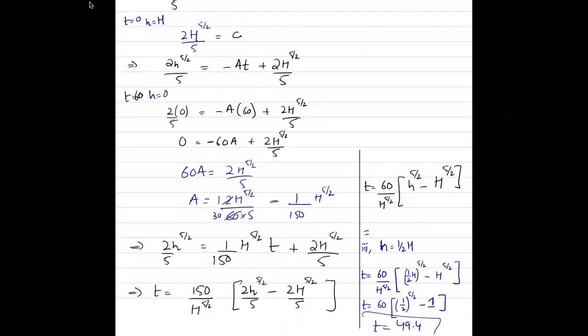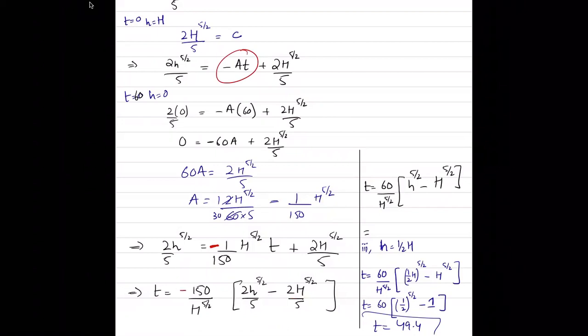Okay, yeah, my bad. This was minus 60. So if the value of a is 1 over 150 h to the power of 5 upon 2, I should have taken a negative sign over here. Now this negative sign means that these should be flipped.